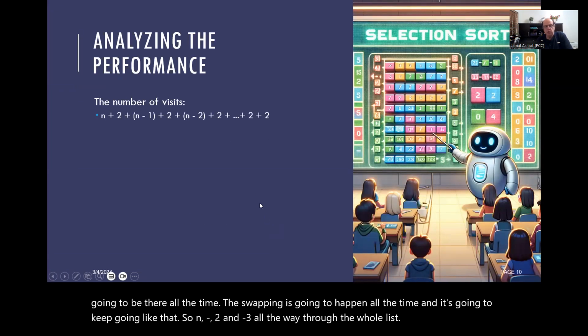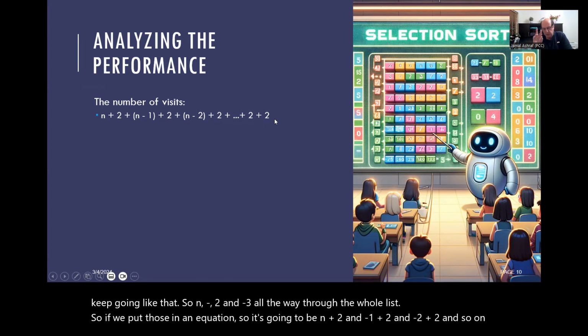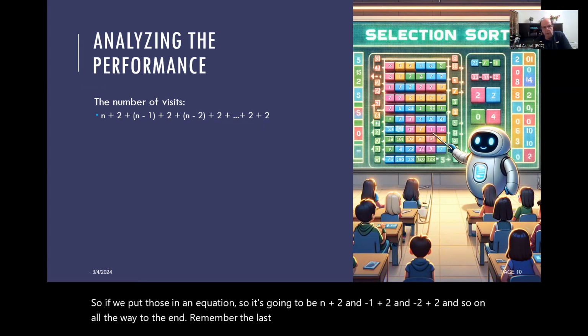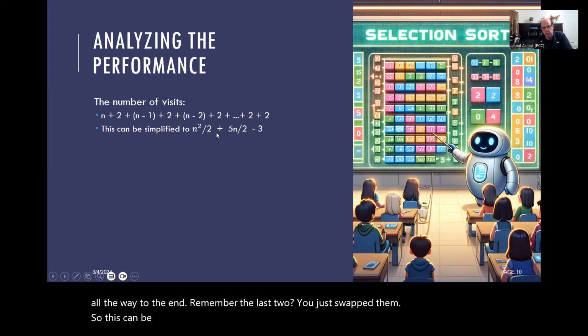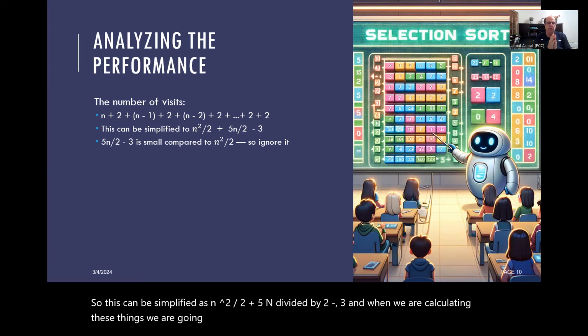So if we put those in an equation, it's going to be n plus 2, n minus 1 plus 2, n minus 2 plus 2, and so on all the way to the end. Remember, the last 2, you just swap them. So this can be simplified as n squared divided by 2 plus 5n divided by 2 minus 3. And when we are calculating these things, we are going to be looking at the high end of it.